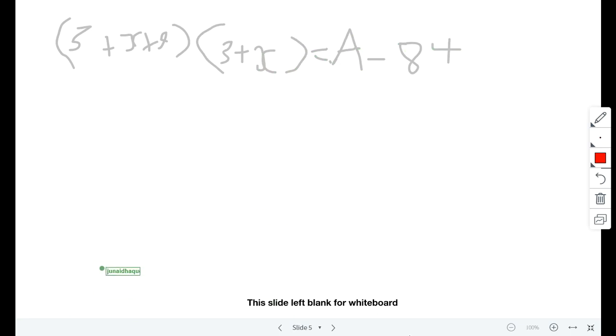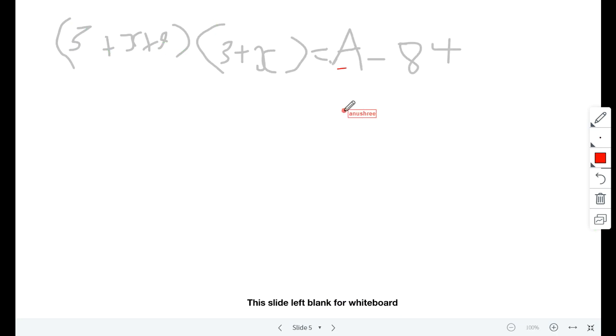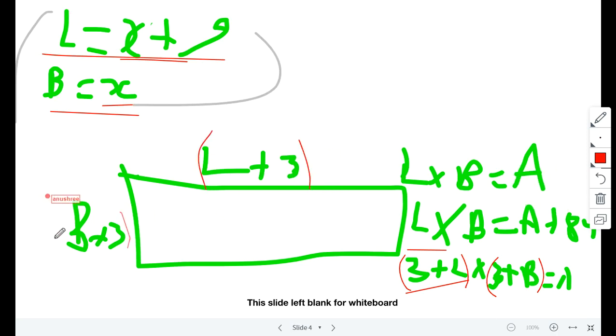Does it tell you what the area was? No, it's given that the area of the new one is 84 centimeters squared more than the original one. So have I written that right? A is X plus 9 multiplied by X. These are the original dimensions, and these are the new dimensions when you add 3 to both sides.